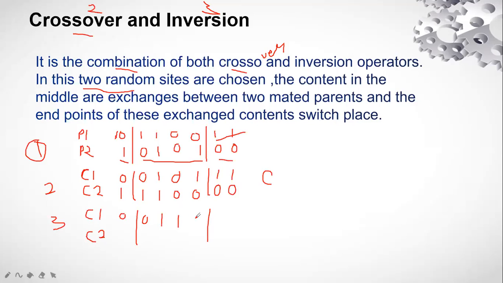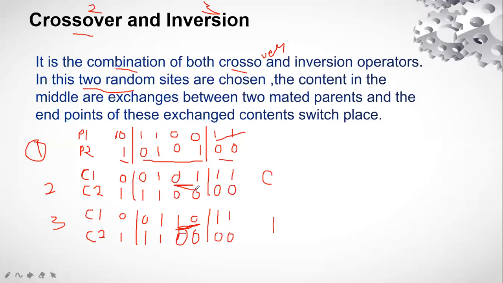So I'm going to make 0 as 1 and 1 as 0. Others will remain the same, 1, 1. And child 2 will remain exactly as it was earlier, 1, 1, 1 and 0, 0, 0, 0 and 0 and 0. Okay, so this is how I have implemented the inversion. I have inverted these two bits. You can randomly select and invert the bits.